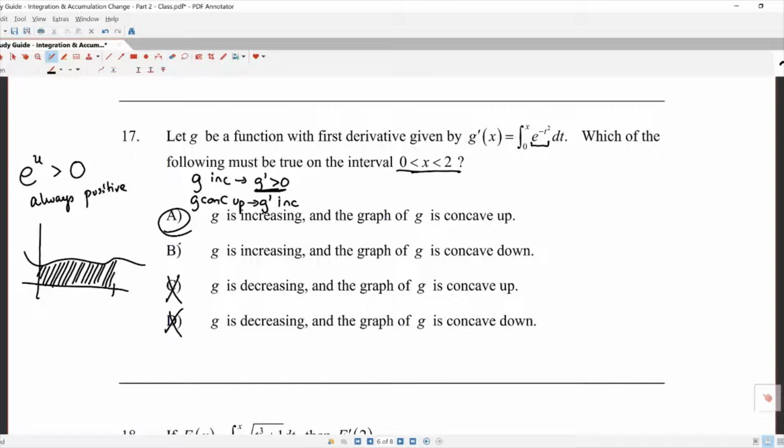Therefore, g is increasing, and the graph is going to be concave up. Again, I have a function that's always going to be positive, so the area is always going to be positive, and it's always going to be increasing as we add more area, moving left to right.